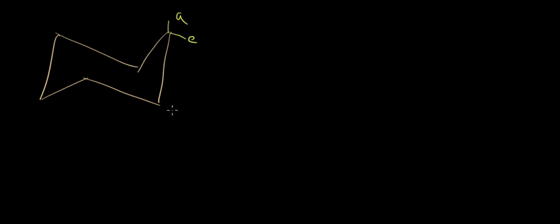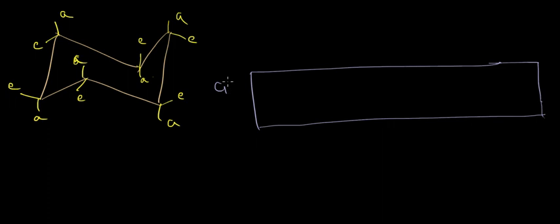E is the equatorial and A is the axial position. So in the table let me draw which would be cis and which would be trans.